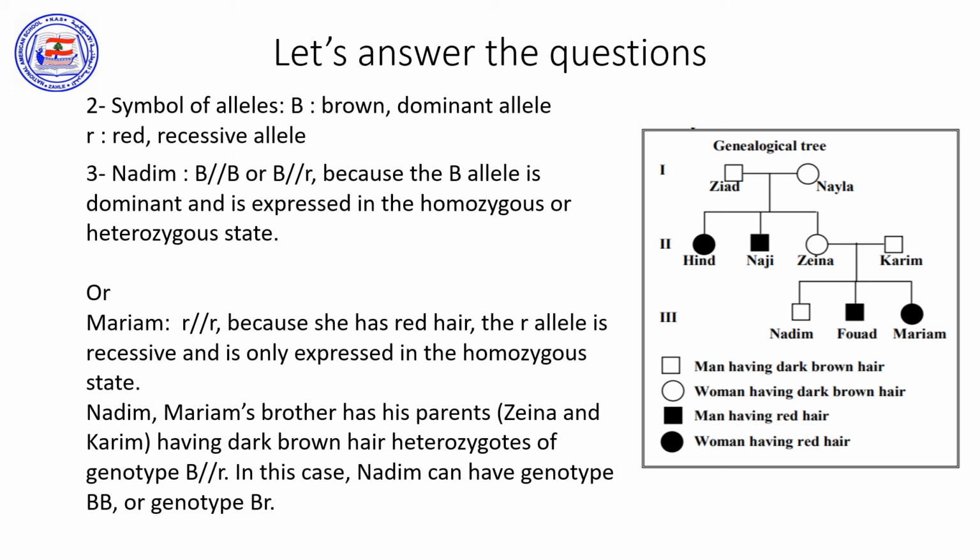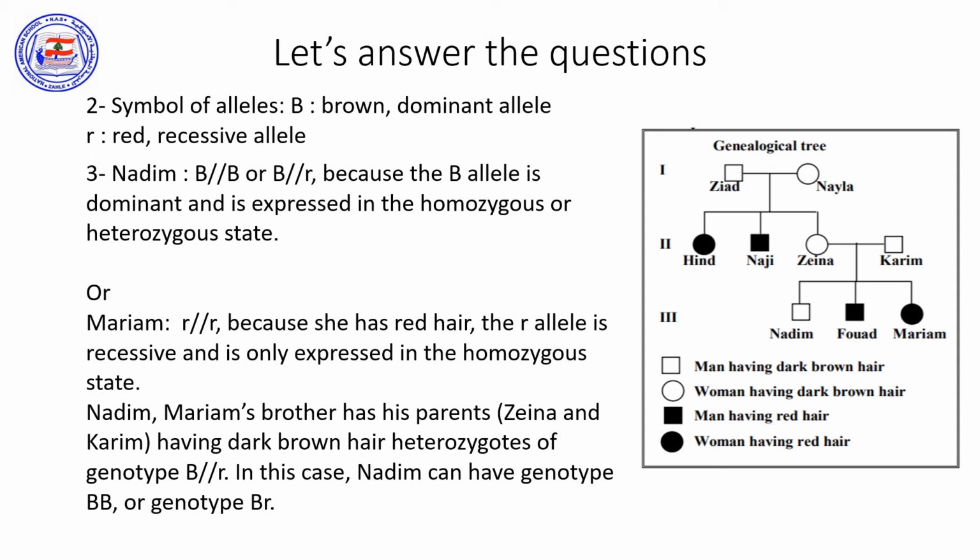Why? Because the B allele is dominant and the dominant allele is always expressed, and it could be expressed in the homozygous state or in the heterozygous state. Another possible answer: Mariam, who is Nadim's sister, has red hair, so her genotype is rr because the r allele is recessive and is only expressed in the homozygous state.